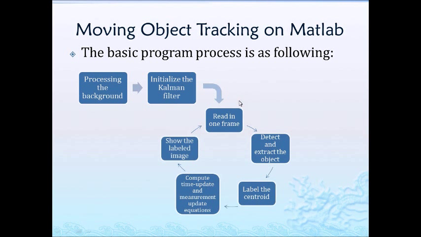First, read one frame, detect and extract the object, then label the centroid of the object, and compute the time update and the measurement update equations of the Kalman filter, and then show the labeled image as the output. This is one step, then read another frame.